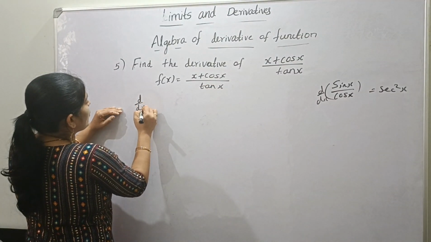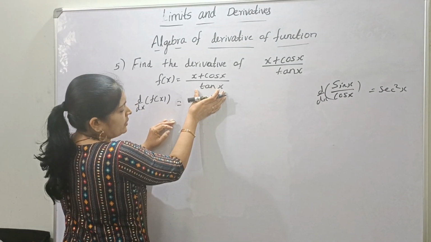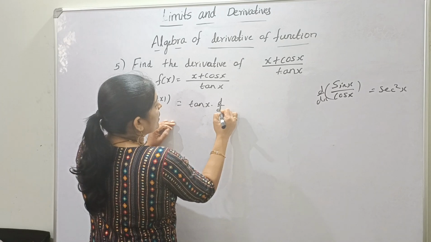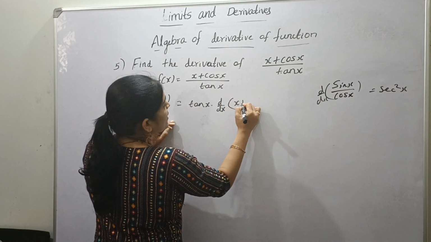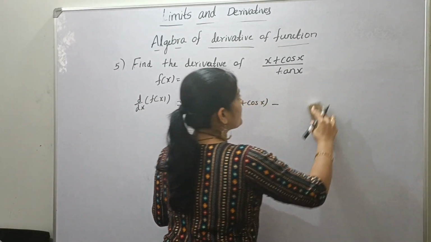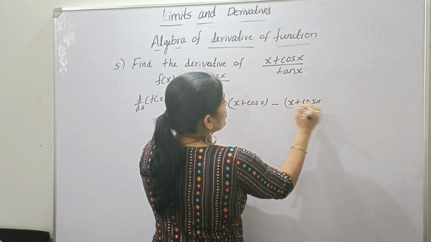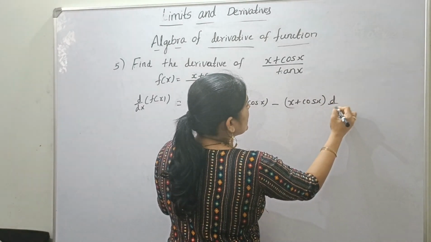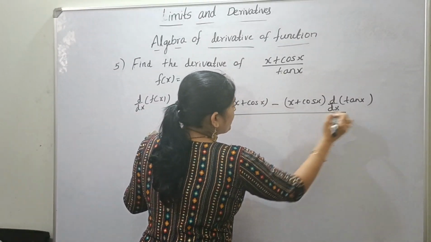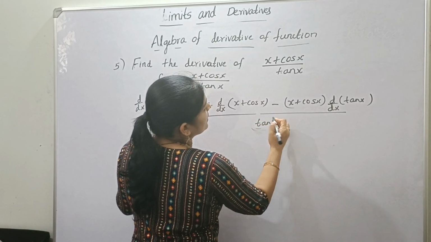So d by dx of f of x is equal to, quotient rule is denominator into derivative of numerator, that is tan x into derivative of (x plus cos x), minus numerator, that is (x plus cos x), into derivative of tan x, that is d by dx of tan x, okay, all divided by denominator whole square, that is tan x whole square, you can write tan square x.